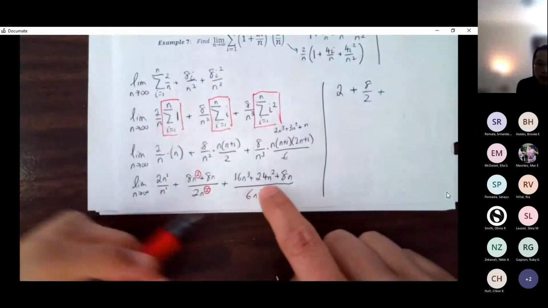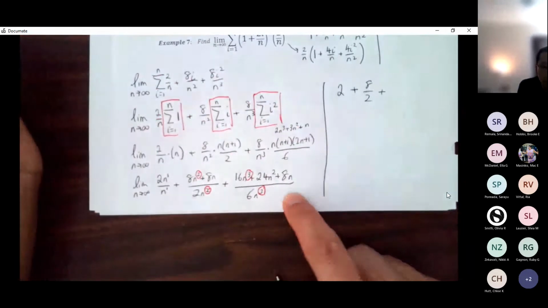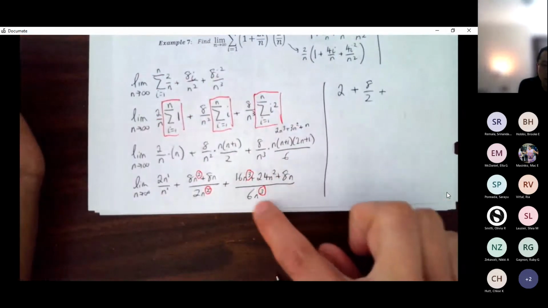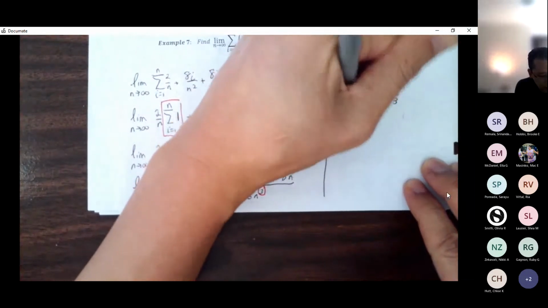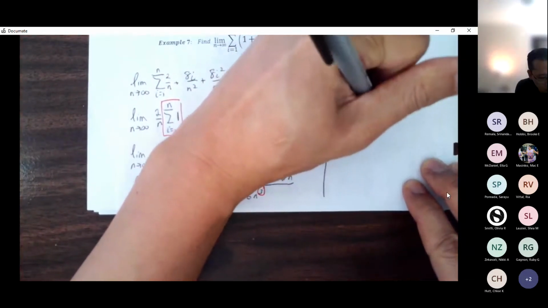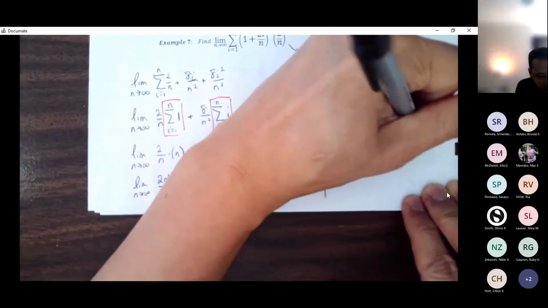And the third fraction, we just have matching 3s. We don't care about anything that's lower, so just 16 over 3. So we get 2 plus 4 plus 16 thirds, which will just give us 26 over 3.